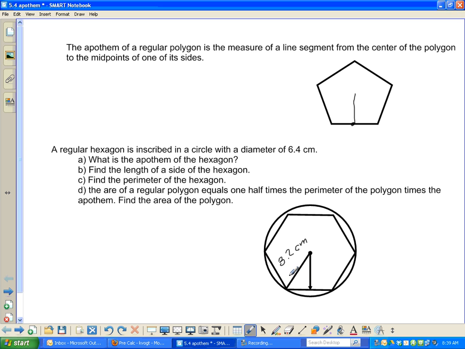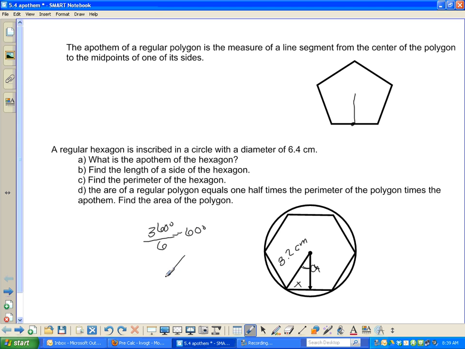So the first thing we need to do is, I'm going to label this A for apothem here, and I'll label this side down here X, is find this angle right here. I know that my circle has 360 degrees, and my hexagon has 6 sides, which means each angle would be 60 degrees.